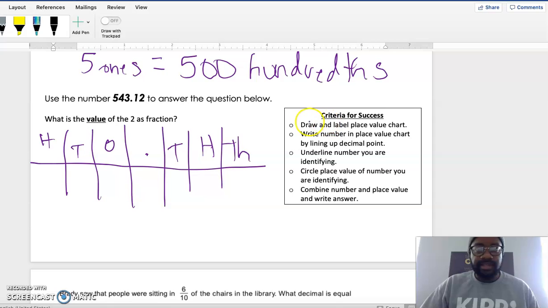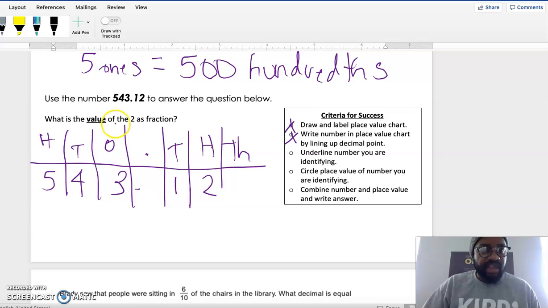Okay, there it is. Write my number inside the chart. Underline the number I'm trying to identify. It says, what is the value of the 2? This is the number I'm trying to find out. This is the 2. Underline it. It says circle the place value.